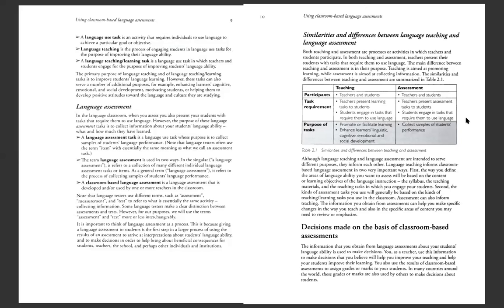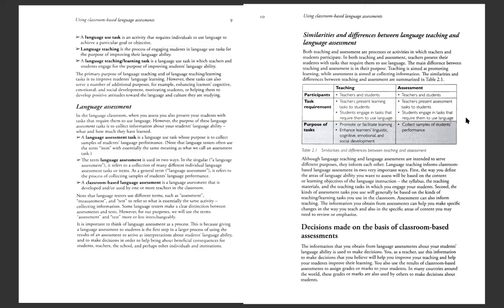In assessment, the teacher presents the assessment task to students. So, for example, if you're doing some oral assessment, you explain, or if it's on paper, the same. On paper, you specify exactly what students need to do.